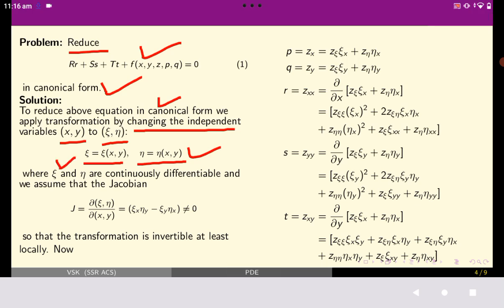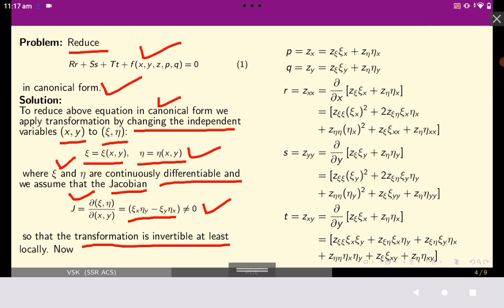Xi and eta are continuously differentiable functions, and we assume that the Jacobian, which is evaluated like this, that is xi x eta y minus xi y eta x, is not equal to 0. So what will be the benefit of this? The transformation is invertible, at least locally.